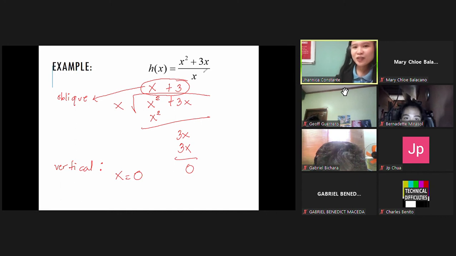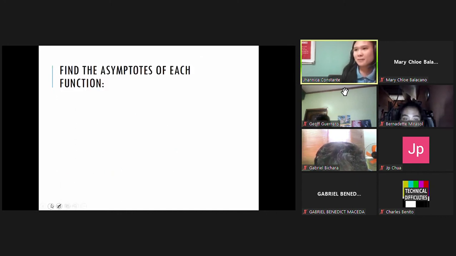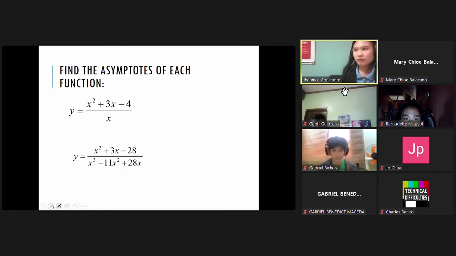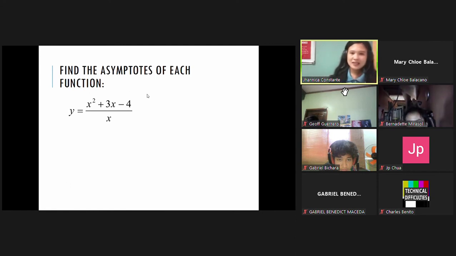So let's have another example. For example, we have this function: y is equal to x squared plus 3x minus 4 over x. Are we going to have a horizontal or an oblique asymptote?